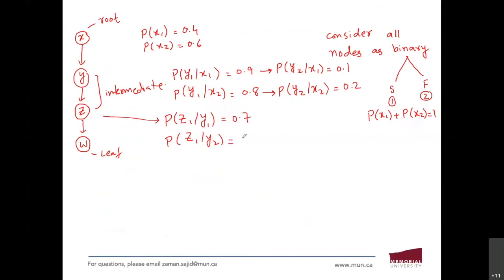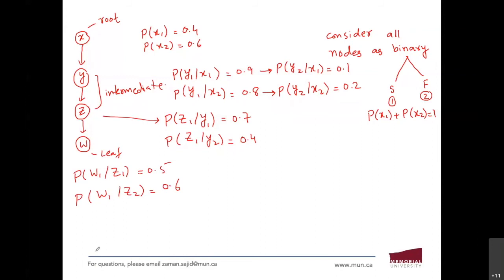And if this is 0.4, I can find out the other state. Now in terms of your leaf node, I have P of w1 given the parent state 1. For example, this is 0.5 and probability of w1 given that z2 is 0.6.